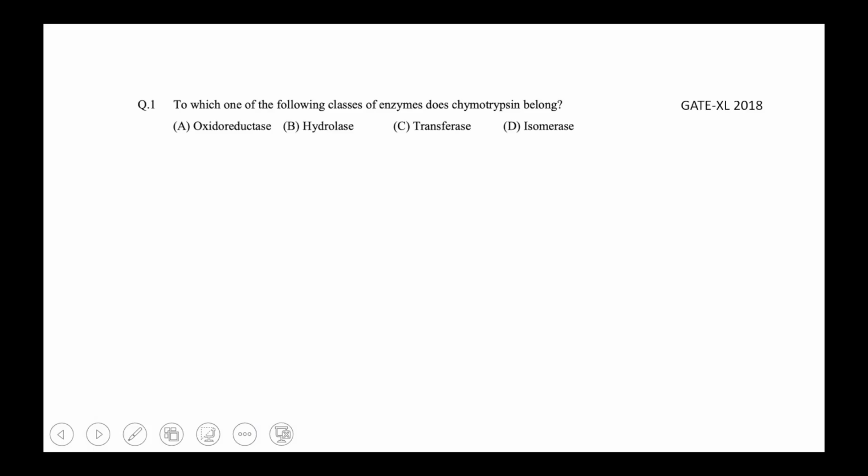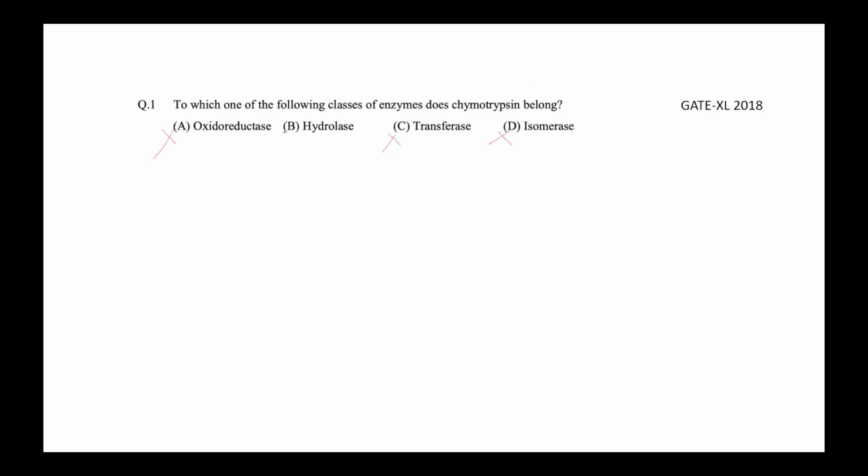This question came in the 2018 GATE XL question paper. Which one of the following classes of enzyme does chymotrypsin belong to? We all know chymotrypsin is a peptidase, a digestive enzyme. So oxidoreductase is not true, transferase is also not true, isomerase is also not true.